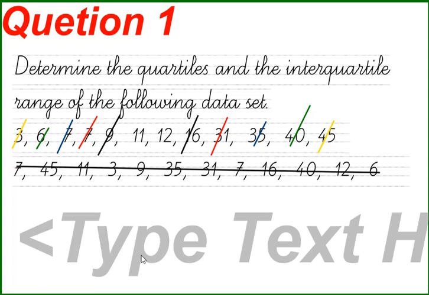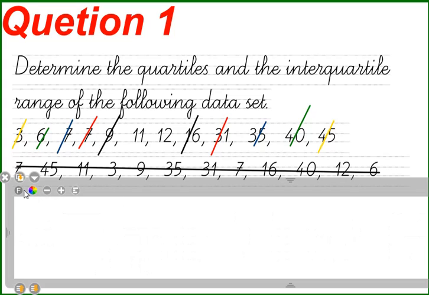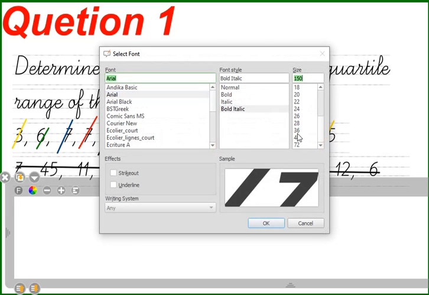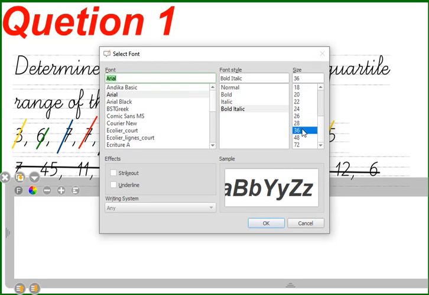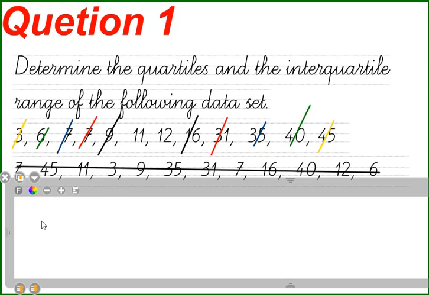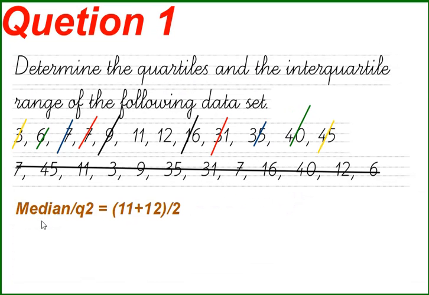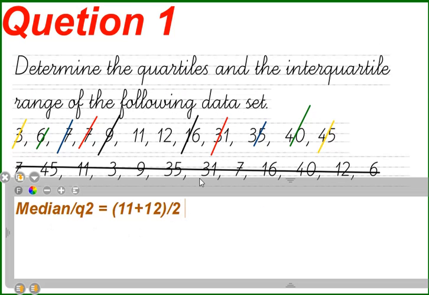So yes, let's get our median, and we're just going to decrease the font because it's quite big. So the median, let's name it our Q2, is going to be 11 plus 12, all divided by 2, and we get that our median is 11.5.